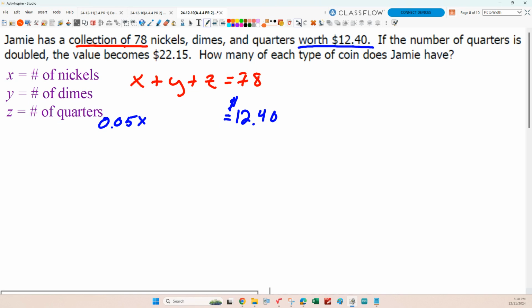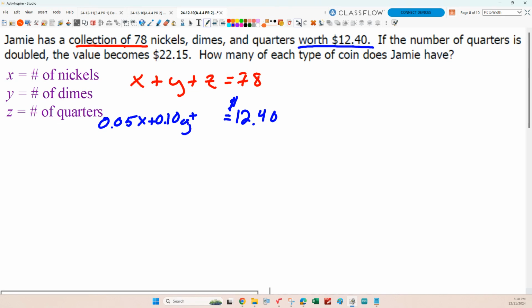What's going to be the value of all my dimes? 0.10 is the value of one dime. How many dimes do I have? Times y, because y is the number of dimes, right? The value of one dime times the number of dimes tells me the total value.